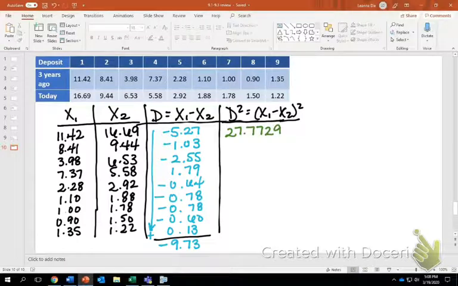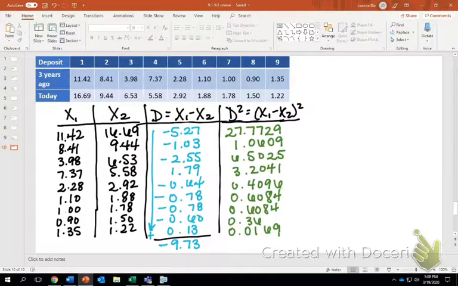So I'm going to square all of these. So I squared all these, and again, I'm going to have to add all of them. So if I add all of this up, I'm going to end up with 40.5437.